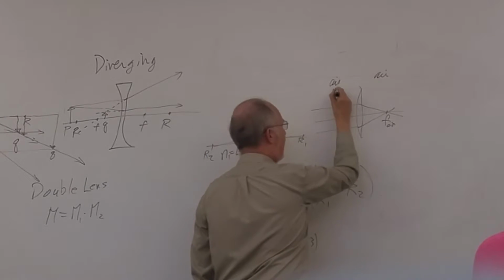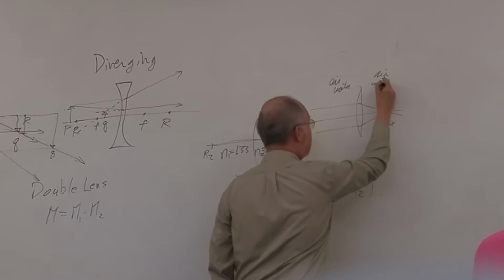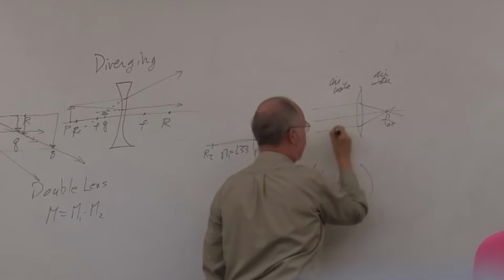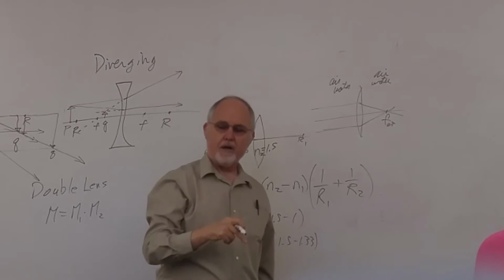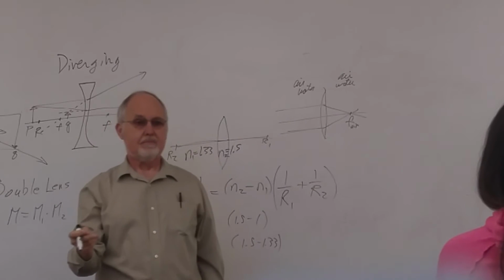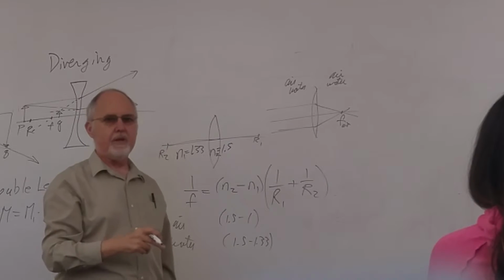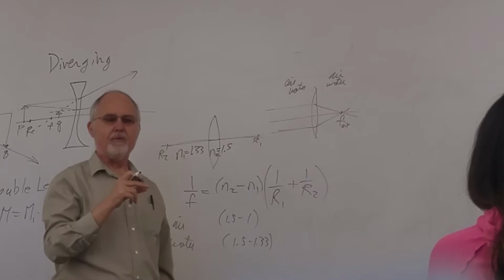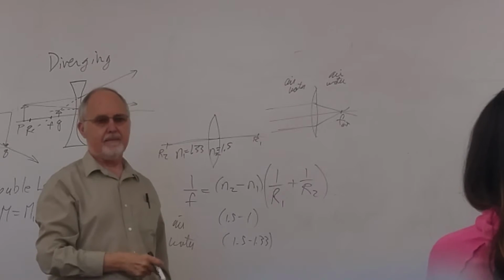But if this is water instead of air, it's going through here. As it goes from the water to the glass back out into the air, you'd have to look at refraction at both the water glass side and then the glass water side.